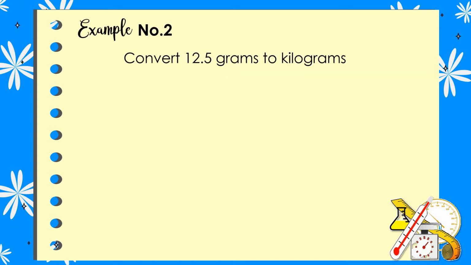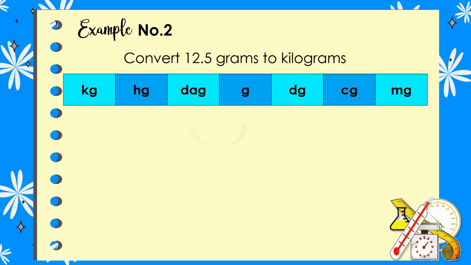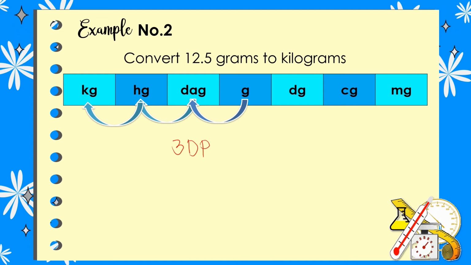Example number 2. Convert 12.5 grams to kilograms. So, tingnan natin yung difference sa isa't isa. They are 3 units away then, but the direction is opposite dun sa nauna nating problem. So, we have 3 decimal places, but ang ating direction ay to the left na this time.